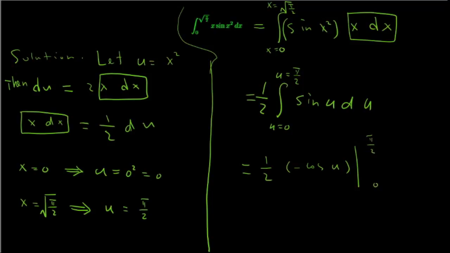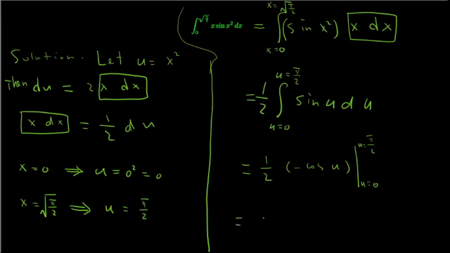Probably you want to write u equals half pi, u equals 0, to be consistent. And then you plug in numbers, you can have the answer. Again, do not go back to x. That's a new integral of u. Everything is already in terms of u. You just get the final answer.